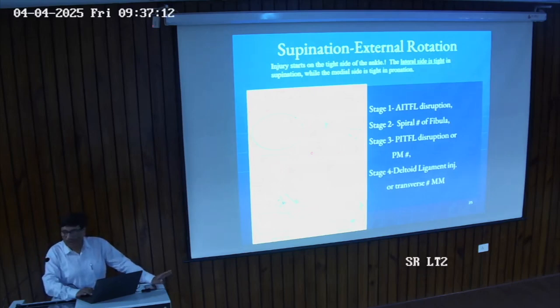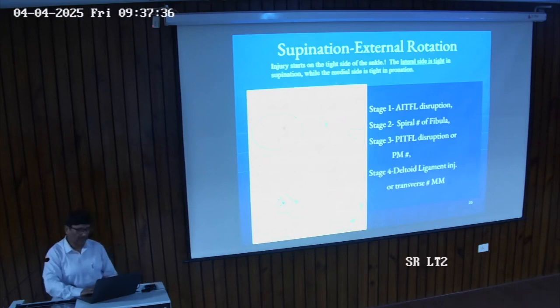In all supination pattern injuries, the lateral side is tight and that fails first, while in pronation injuries, pronation external rotation and pronation abduction, the medial structure would fail first. So as it is a supination external rotation injury, this is the fibula, this is the tibia, that is the talus.